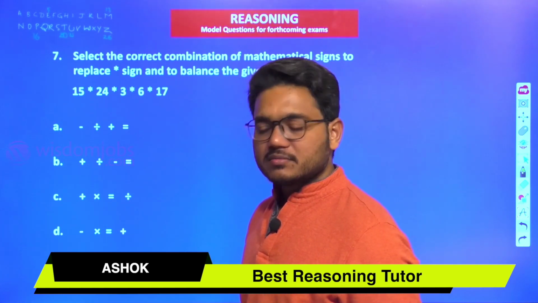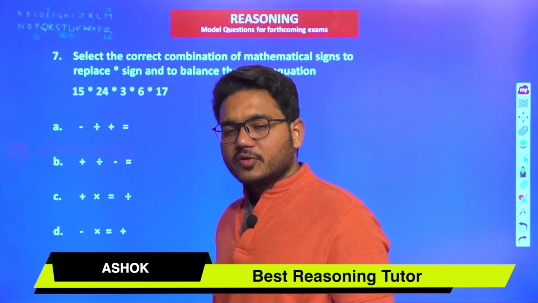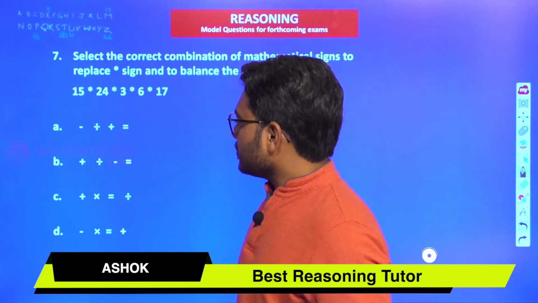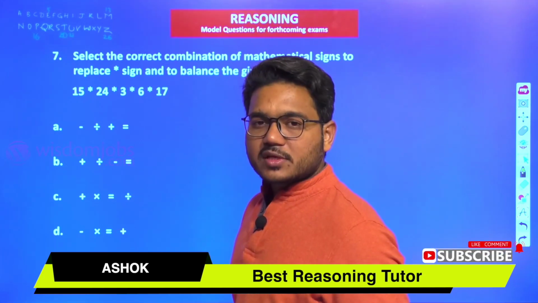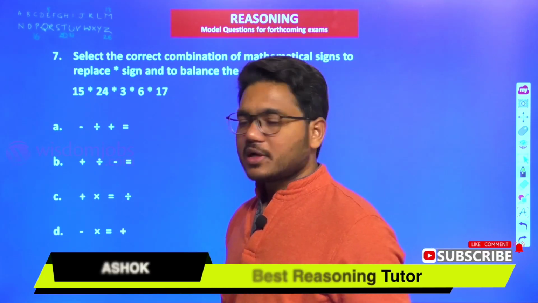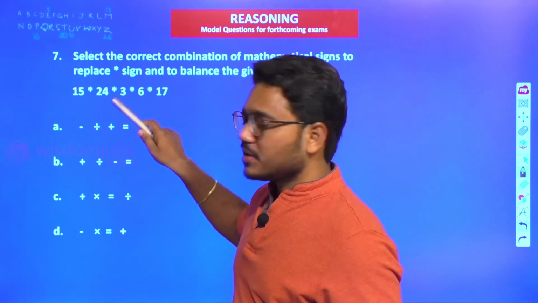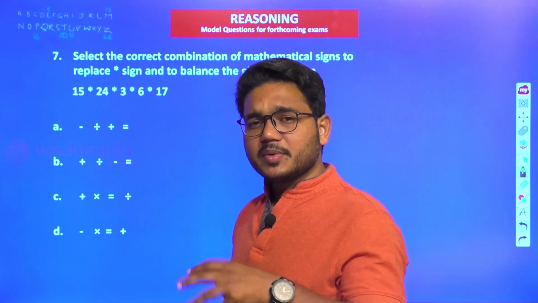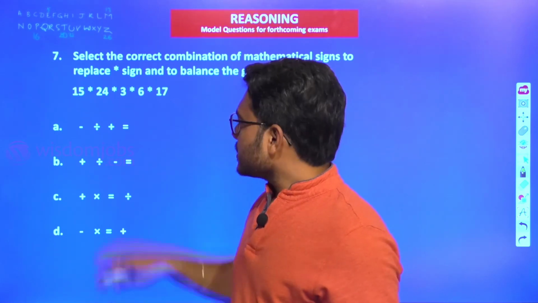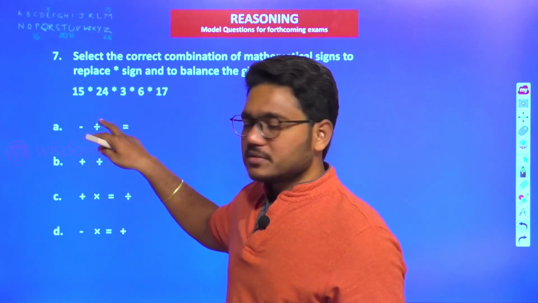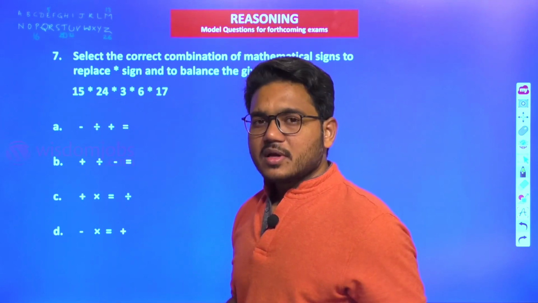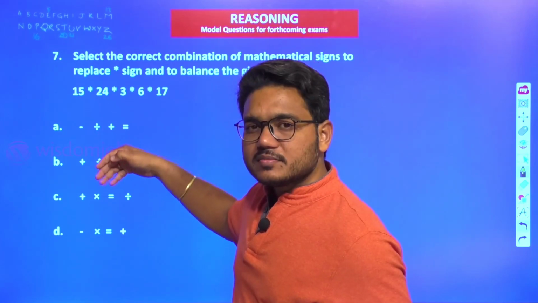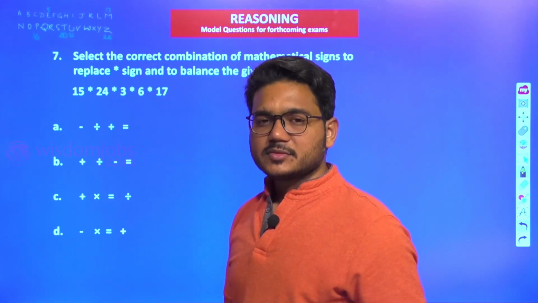We could call these tips or tricks: how to eliminate a few options, and how you could apply some logic there. Immediately seeing this set of numbers, you could understand which sign could be kept first. Okay, let us see.